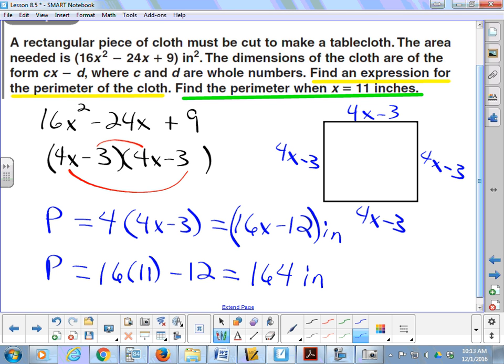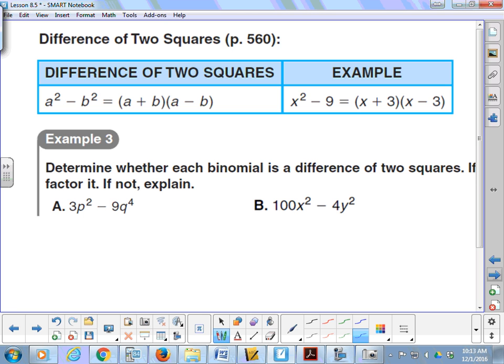All right, so perfect square trinomials. The other thing we're going to look at today is what's called the difference of two squares. We're still working with squares. But what's a difference problem? A subtraction problem.